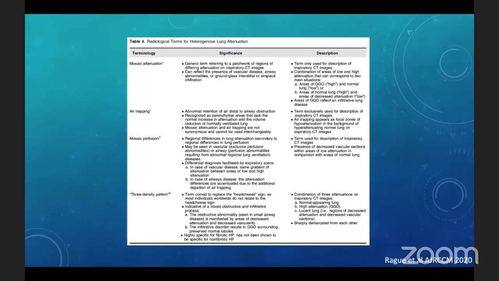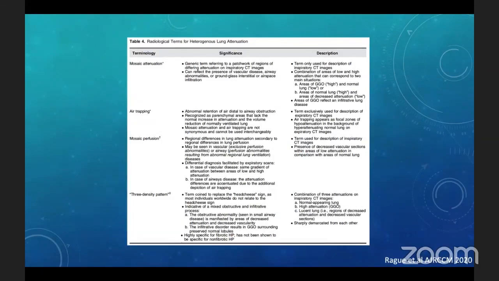Three density sign or three density pattern, a famous terminology in the setting of hypersensitivity pneumonitis. Previously it was called head cheese, but it's not called head cheese sign anymore. We call it now three density pattern. It's basically when your lung in the inspiratory phase really has three densities.